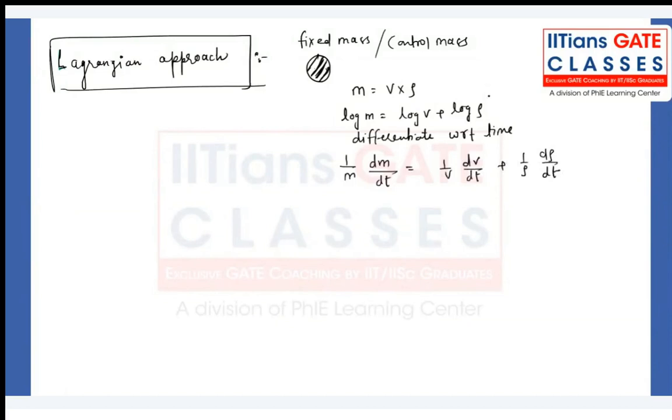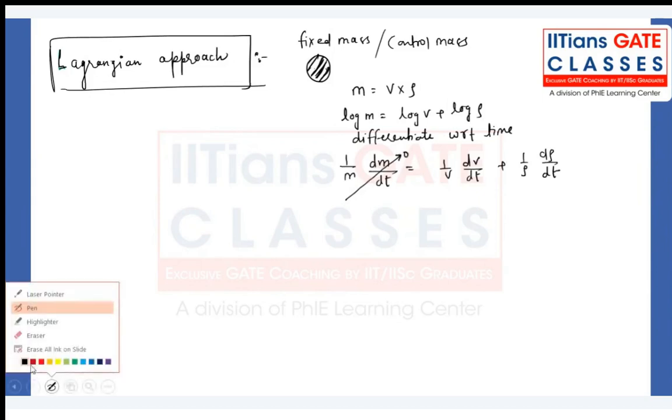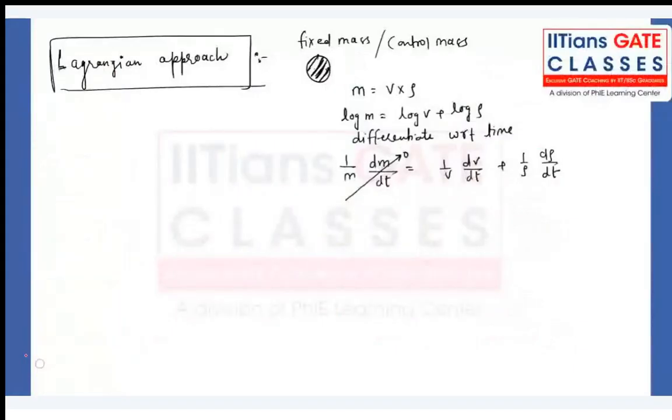Right? So this is what we are getting. The total change of mass of any body, any ball, whatever the mass is, cannot change with respect to time. That has to be zero, right? So what we can write is 1 upon v dv by dt plus 1 upon rho d rho by dt has to be zero.